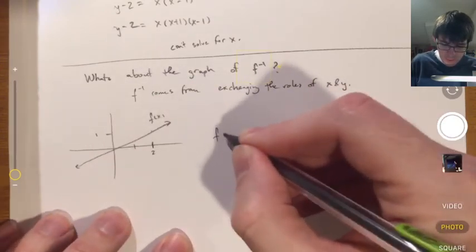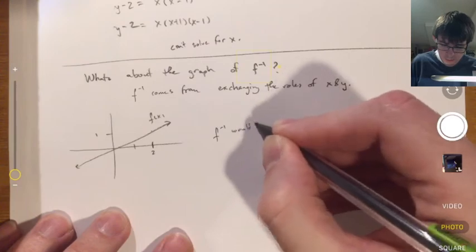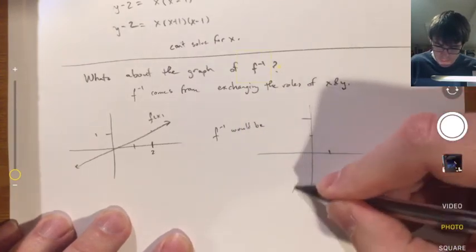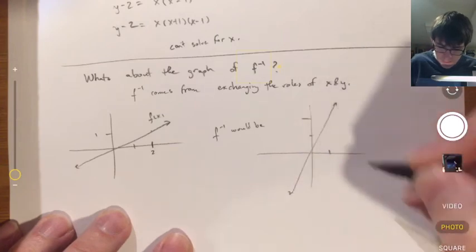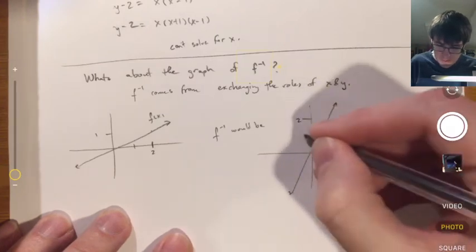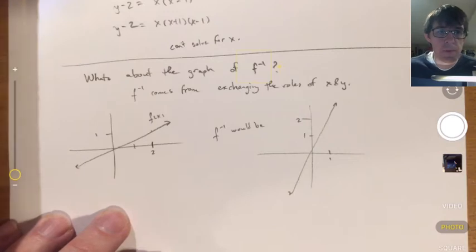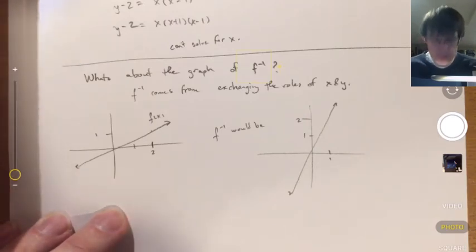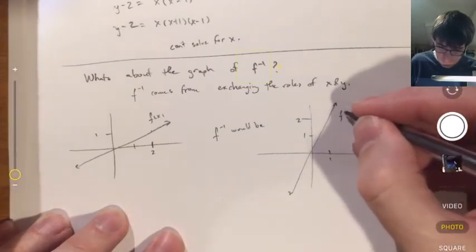F inverse would be this sort of this way around, the same idea, but everything that used to be an x is now a y. So it goes up to y equals 2 and over to x equals 1. This is the inverse, f inverse of x.